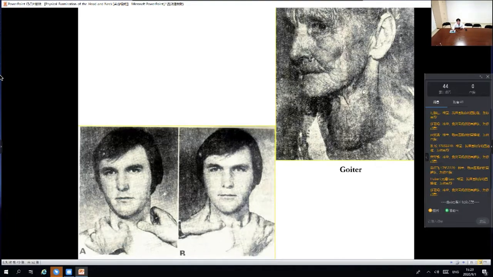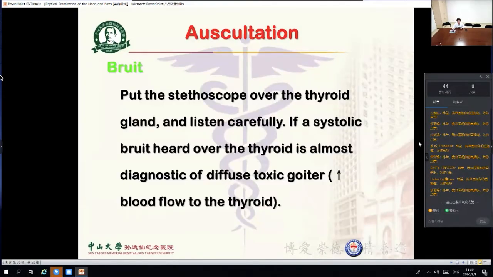You may be able to use your stethoscope to do the auscultation for this enlarged thyroid gland, what we call goiter. How to perform auscultation of the neck? We would like to hear if the patient has any bruit in the neck area.